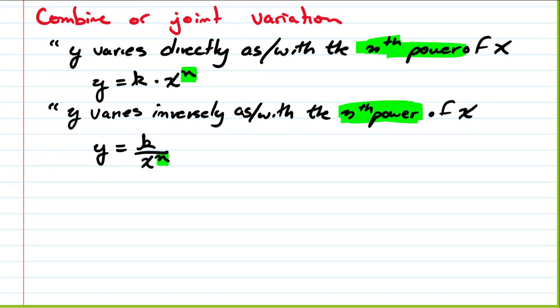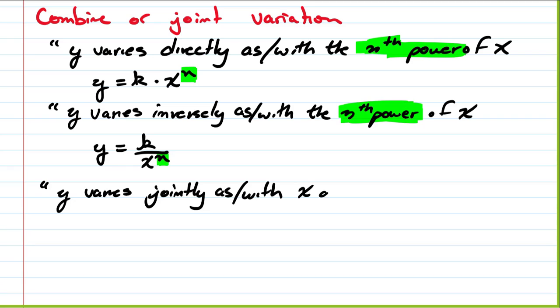Our last type of combined or joint variation is y varies jointly as or with x and z.